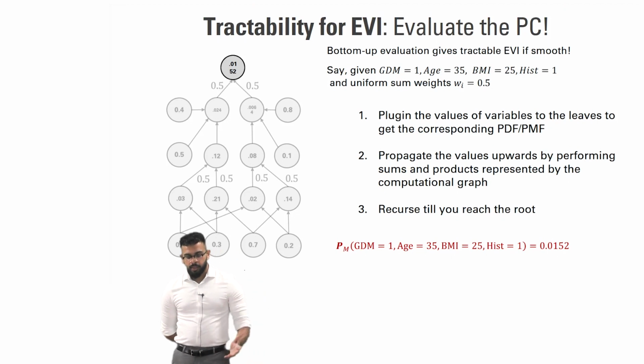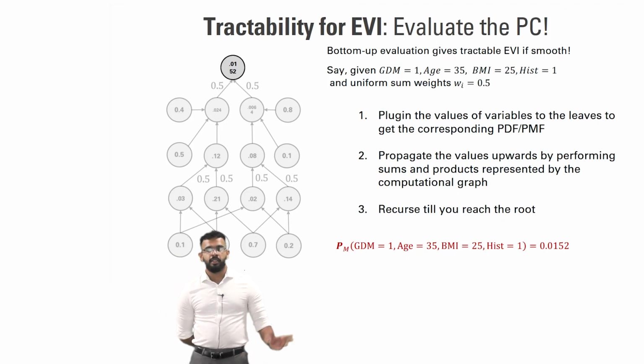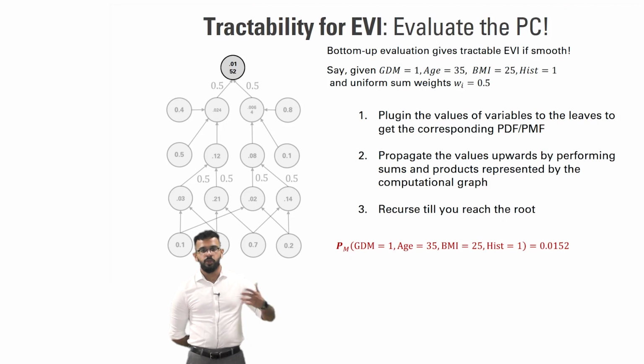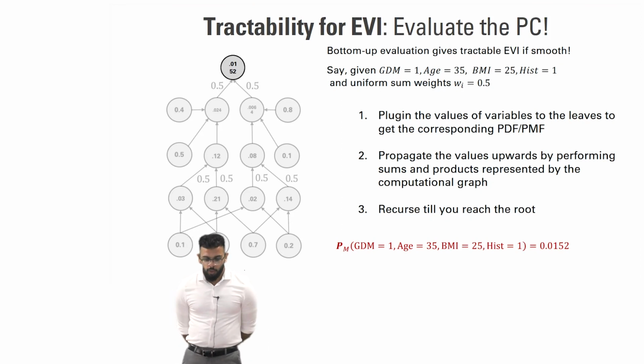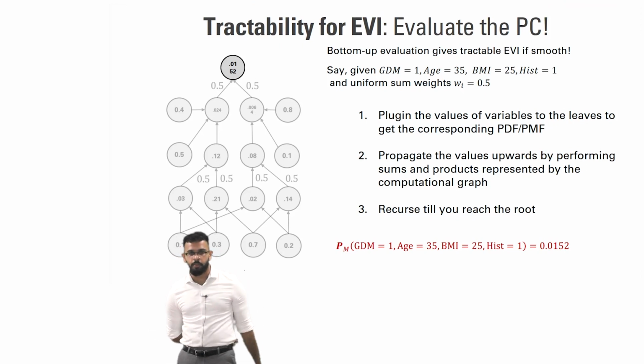When I say tractable, I'm talking of tractability for exact inference, so whatever values you get would be exact. In the case where it's not smooth, you're not having a valid probability distribution, which means your answers are not exact. So if they are not smooth, you can still do some computations, but those answers won't be with respect to the distribution that you're modeling.